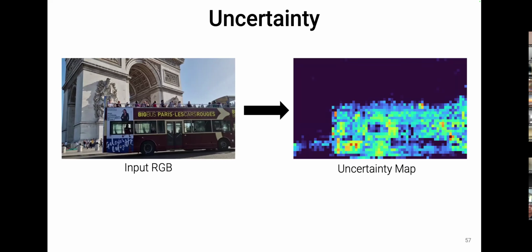If we have a way to produce an uncertainty map to model this dynamic part and also the humans here, then we should be able to remove them properly. But the key thing is how we can learn or get such a good uncertainty map that enables us to remove them.